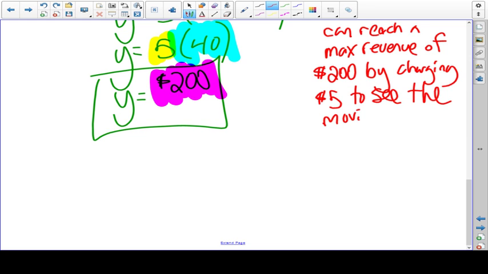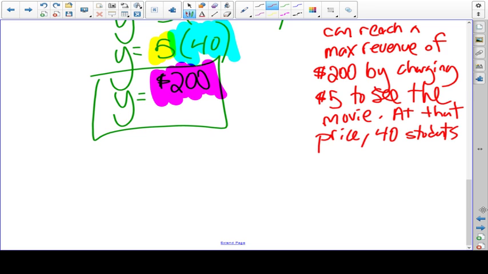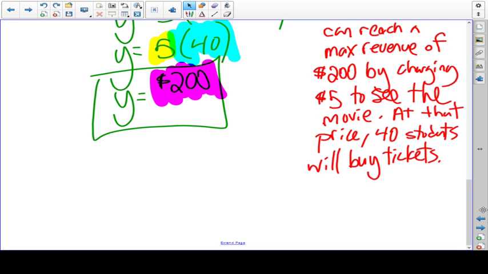Now, we didn't fit in the 40 people yet. We'll get there right now. And at that price, 40 students will buy tickets. So we have three things that we come out of this question with: the price that maximizes revenue, the maximum revenue, and the number of people that are going to buy tickets.